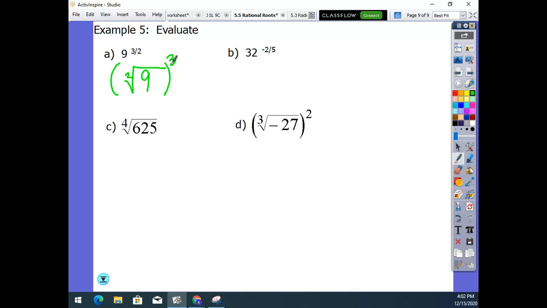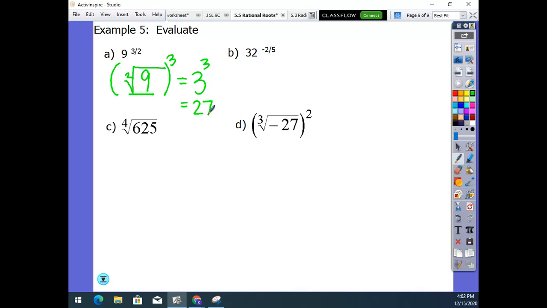Evaluating is always easiest if you keep the numerator on the outside exponent, because this just says what's the square root of 9, 3, and order of operations, we're just doing what's inside the parentheses first. 3 to the 3rd equals 27.